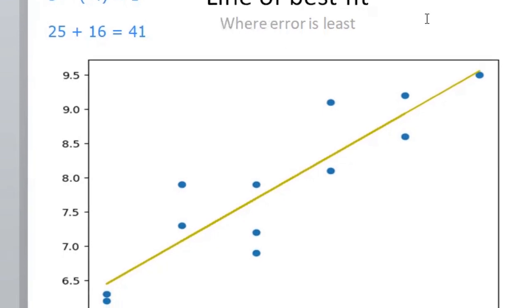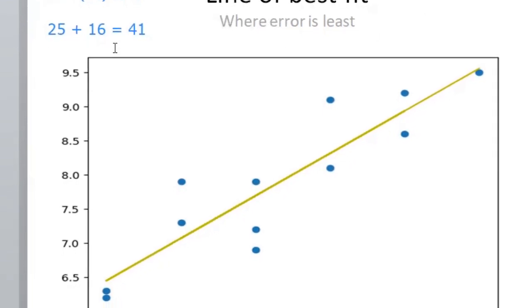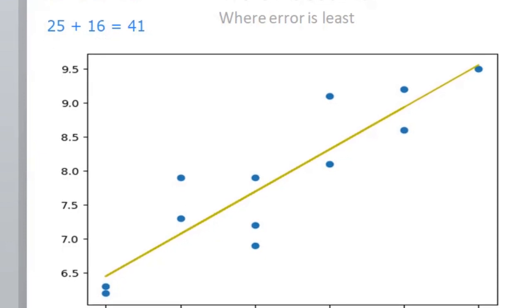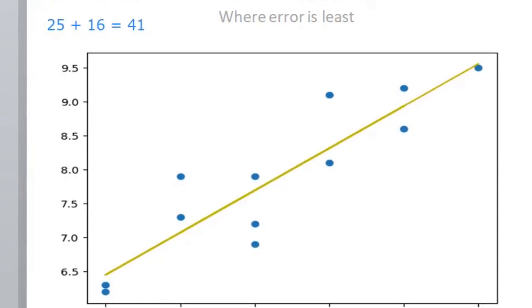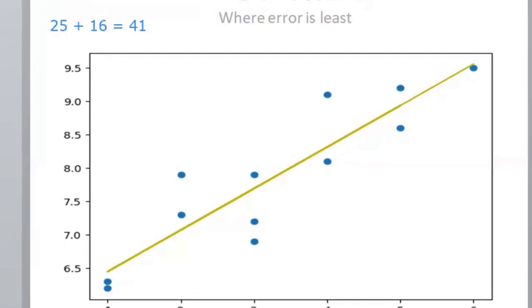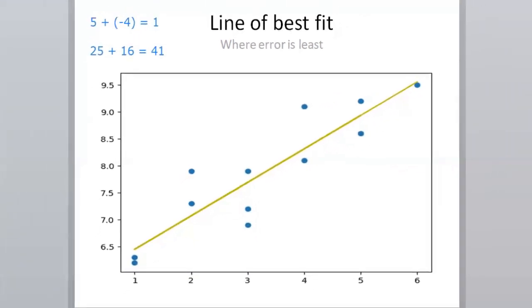So this is how the distances are calculated. We will take the square of each distance and add all of them at the end: this distance squared, this distance squared, this distance squared, and all the squared distances, and after that we will add those.